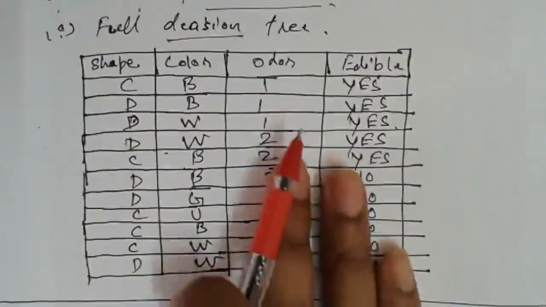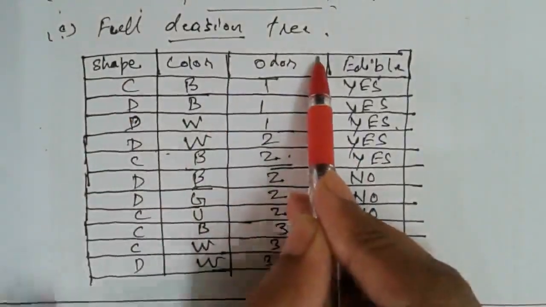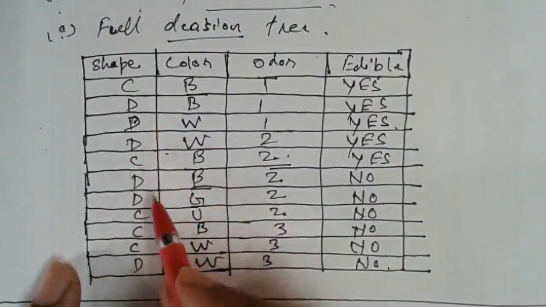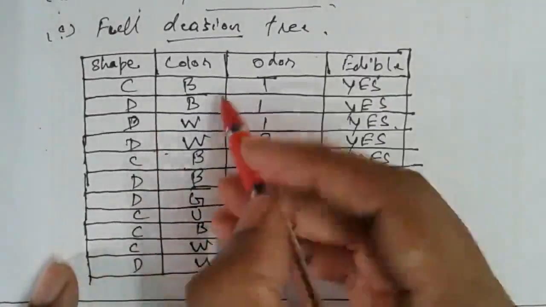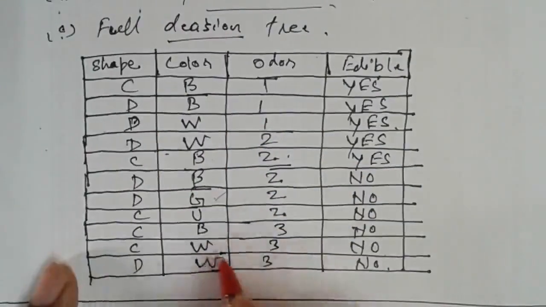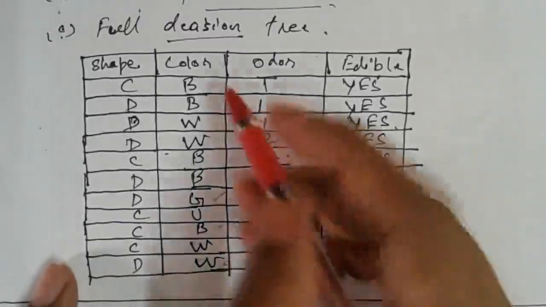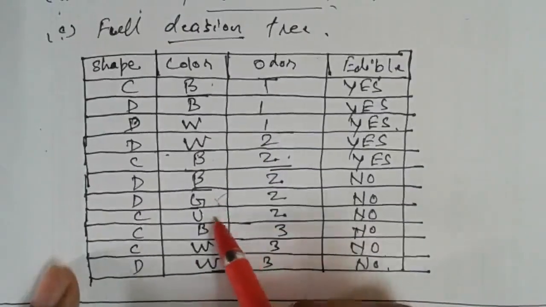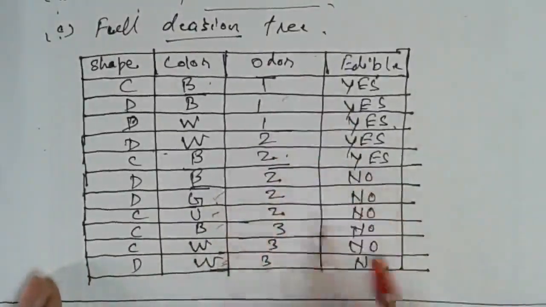So we can see this decision tree data. Here shape, color and odor are the three attributes. Shape has only two values, C and D, color has four values, B, W, G and U, and odor is given as 1, 2, 3.